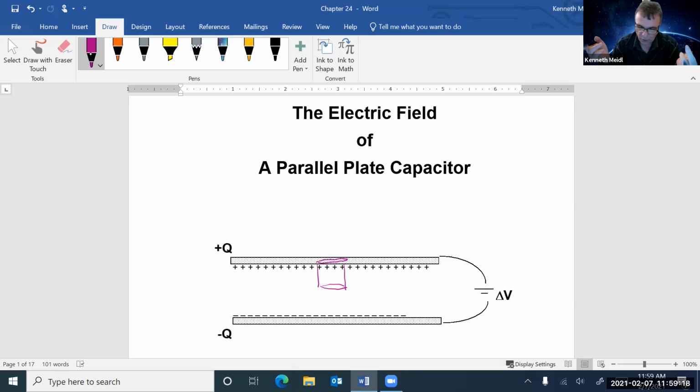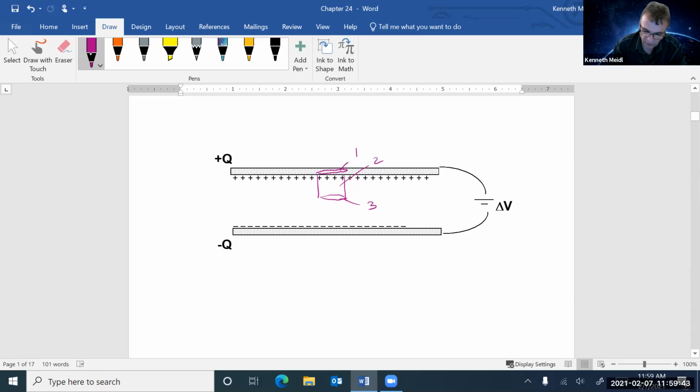And so when you start forming E dot dA to find the electric field here, you're really considering three different areas, right? Maybe area 1, area 2, and then area 3. It turns out only area 3 is the important one.